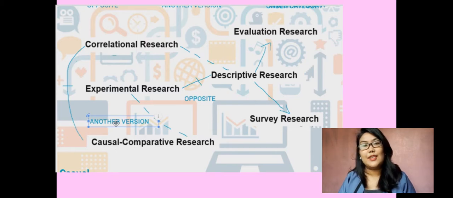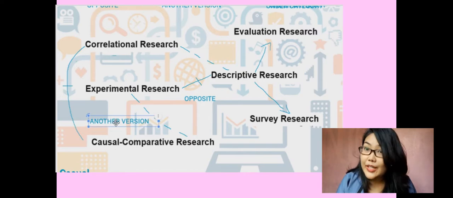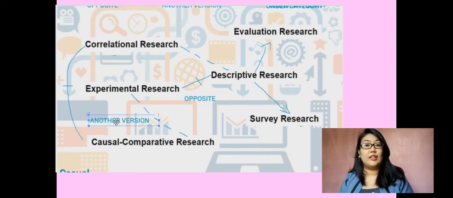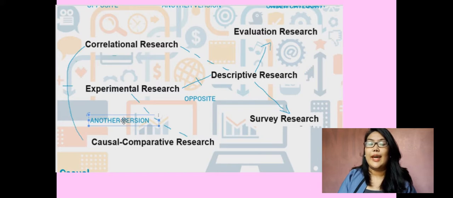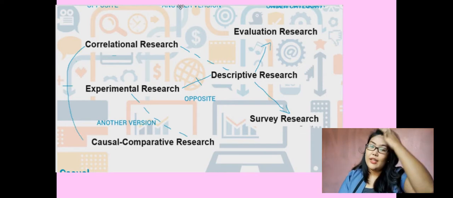Causal comparative is also under quasi-experimental. You heard it right? Experimental. Both of them are experimenting in the process. Some are just grouped, some are just ungrouped. Later on you'll have that more. But again, they are more similar. They are just another version of each other. We are just simplifying things.